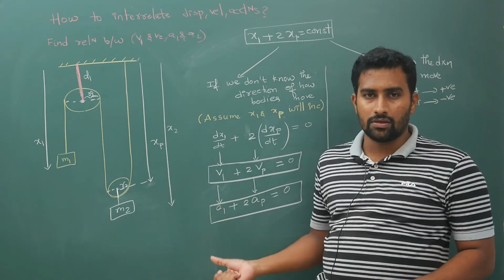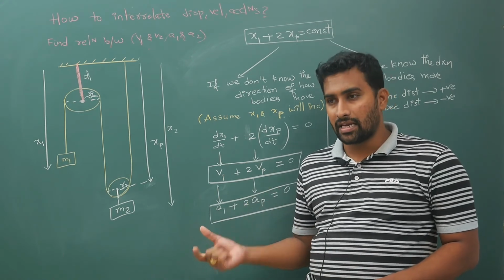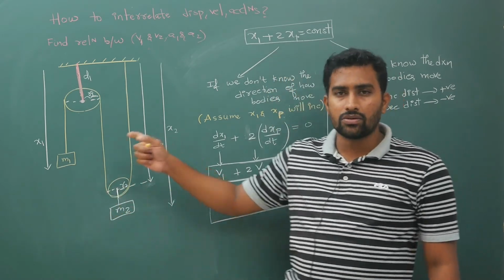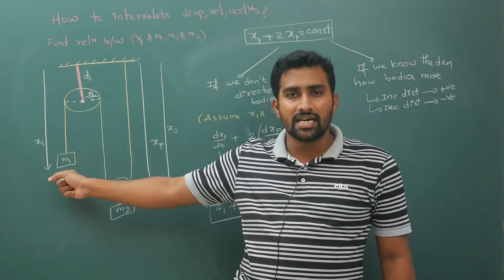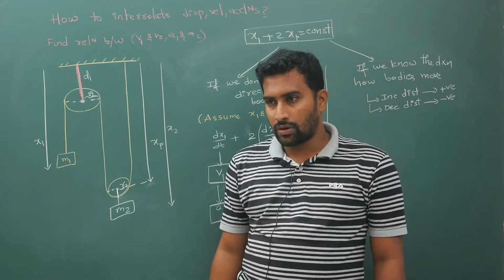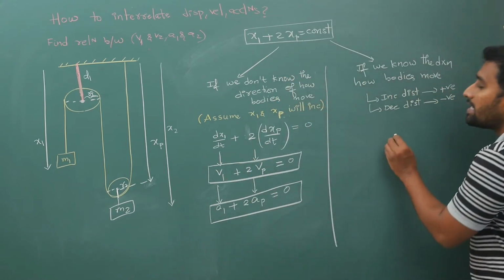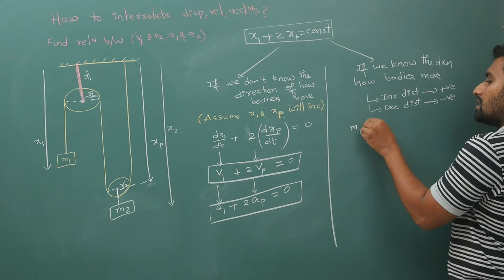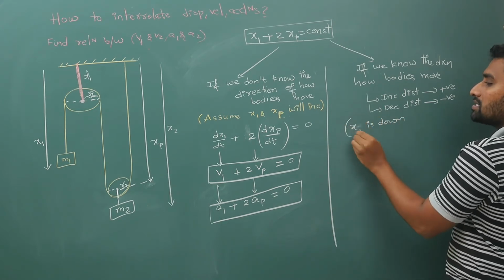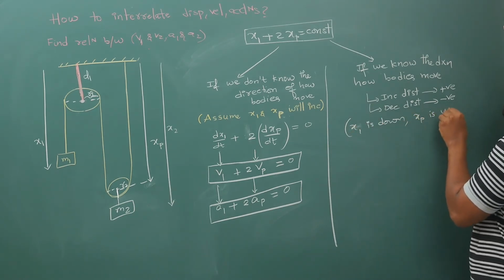After doing the complete math, you will finally get the a1 value and a2 value. One will be positive and the other will be negative. If m1 is greater, and you follow these steps and do the simplification, you will get a1 positive and ap negative. You leave it to maths, or else you decide. I am deciding here, m1 is down, x1 is going downwards, x pulley is up.